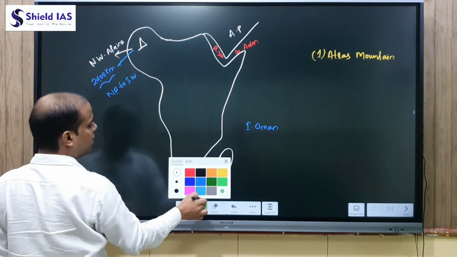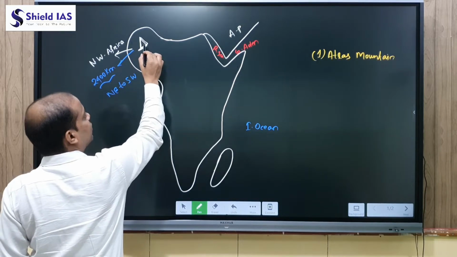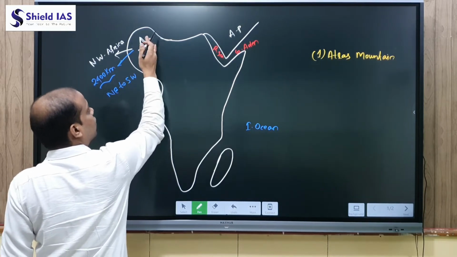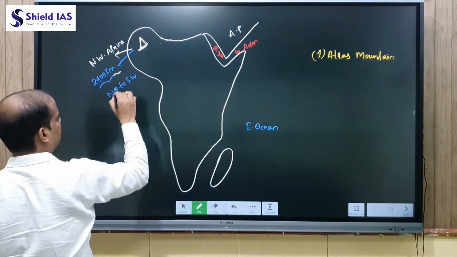So this is the Africa continent, and here in the northwest the Atlas Mountain is. It stretches from northeast to southwest around 2400 kilometers.